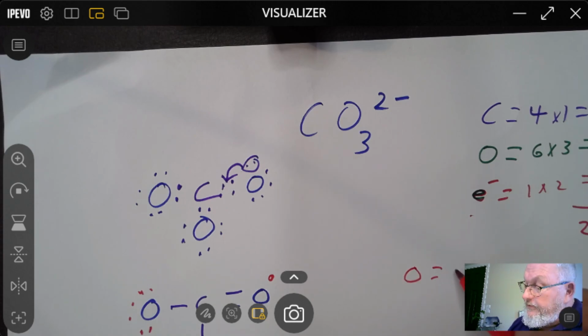I've got 3 of those, or 24. Carbon has 6 protons times 1. So that's 30 protons.